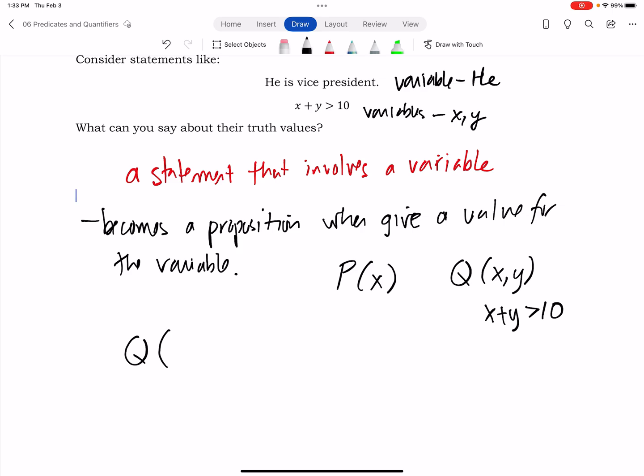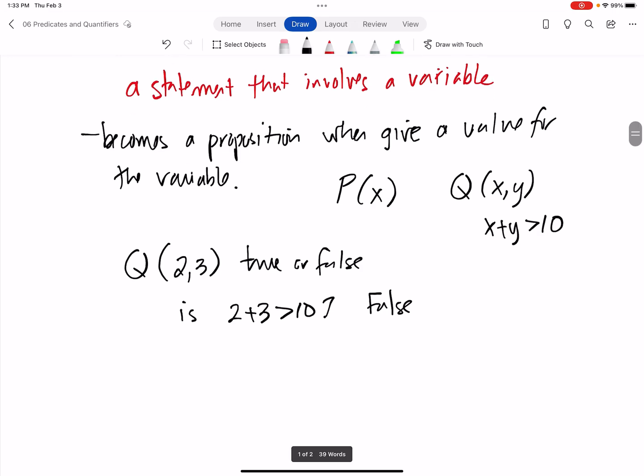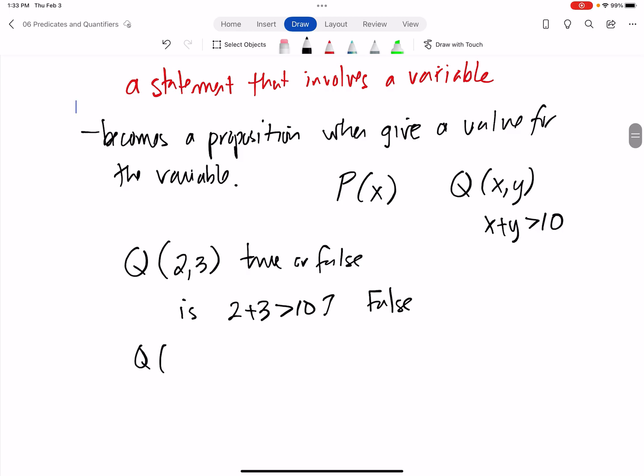So if I asked you whether Q of 2, 3 was true or false, you would say, is 2 plus 3 greater than 10? False. But if I did Q of 6, 7, you would look at, is 6 plus 7 greater than 10? True.